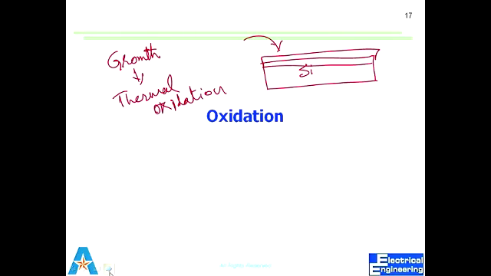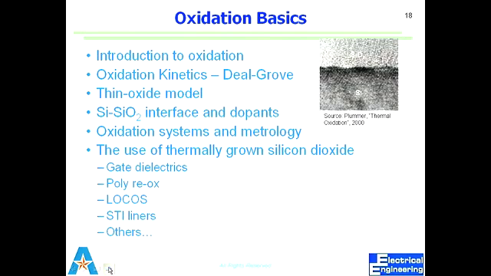And then there will be two types, either wet or dry. We'll see the differences between wet and dry. Some basic features of oxide should tell you very easily what type of oxide is being discussed, and we'll see what those properties are.